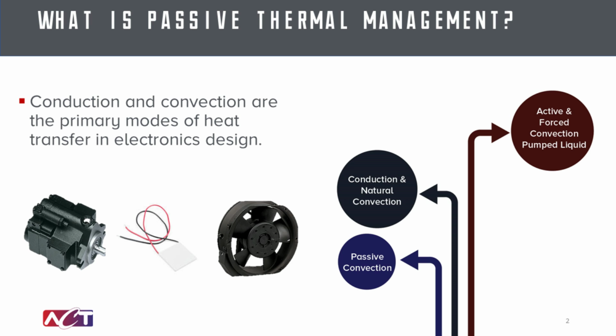When we talk about an active system, now we're including elements such as fans, thermoelectric modules, and fluid pumps. These are good examples of active components that are going to draw power from the system in order to move, transfer fluid and/or air in an effort to solve your thermal challenge.